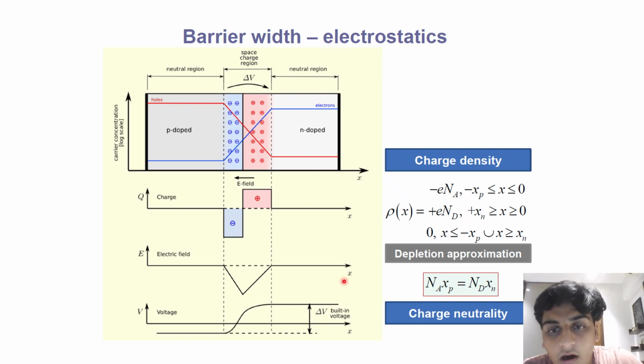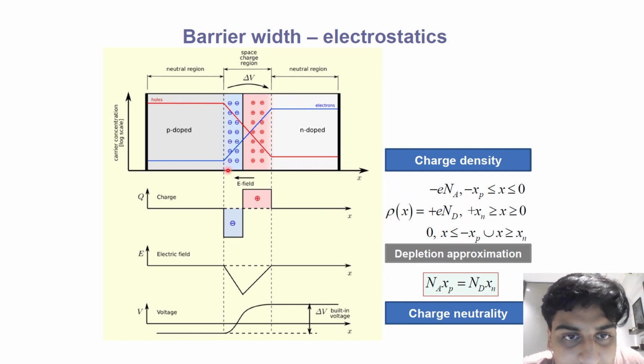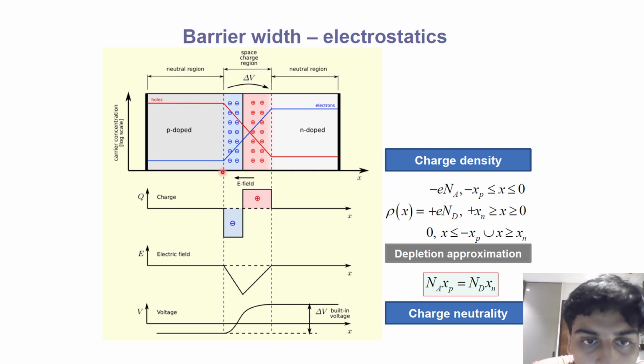Cool. Now let's get into the charge density. Charge density is charge per unit volume, of course. Now for the region from 0 to minus xp, which we are calling the depletion region on the p side, that distance as xp, your entire region is depleted of holes, which means your charge is due to these negative acceptor ions.